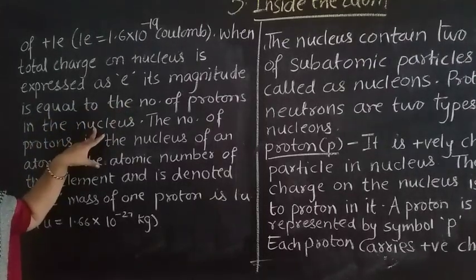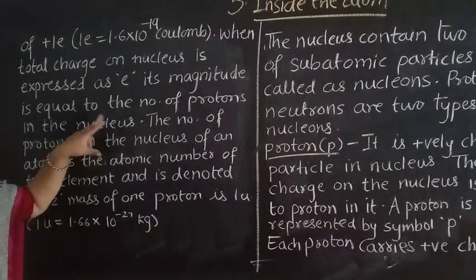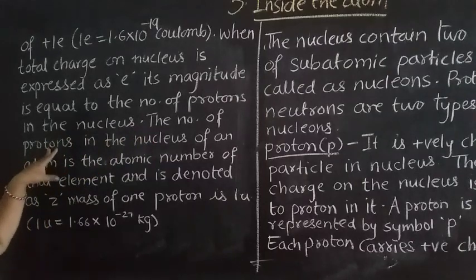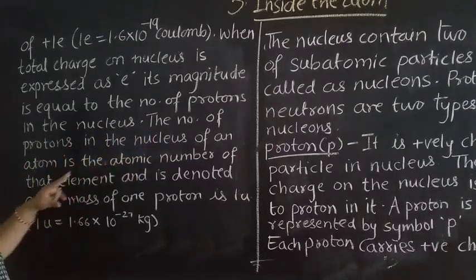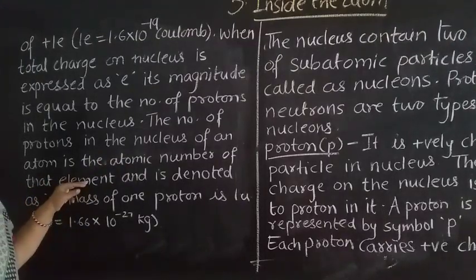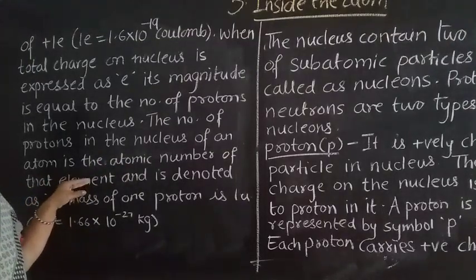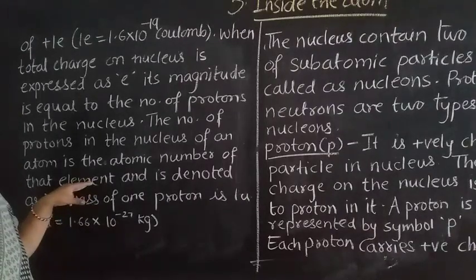We know that protons are present at the middle, in the nucleus. The number of protons in the nucleus of an atom is the atomic number of that element. Whenever we want to give the atomic number of a particular element, what does it tell us?